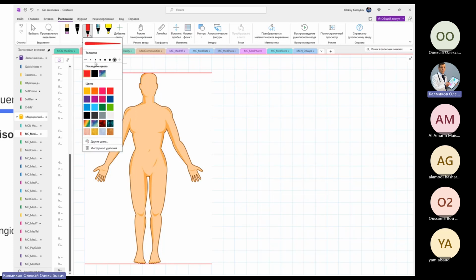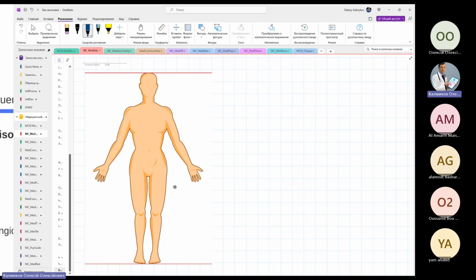So let it be, for example, bluish. Let's imagine that some person undergoes the influence of local vibration. So he keeps some handheld instrument, right?